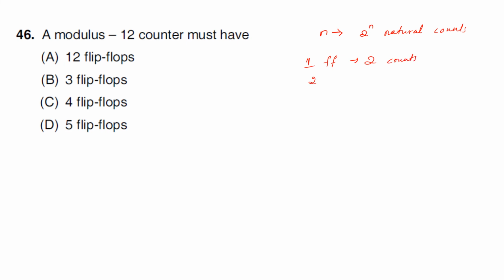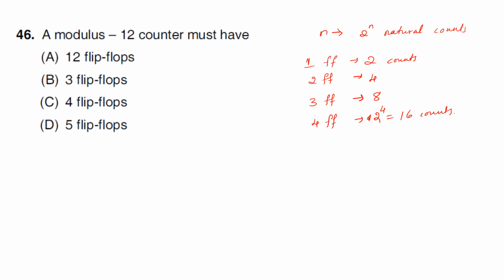So 2 flip-flops count 4. 3 flip-flops in the counter count 2 raised to 3, means 8 counts. For 4 flip-flops it counts 2 raised to 4, that is 16 counts.